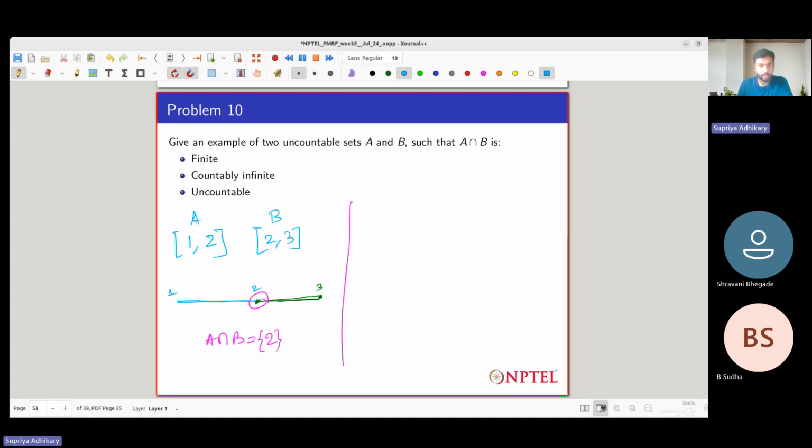The second one is where the intersection is countably infinite. We can take A to be Z union the open interval (2, 3), and B to be Z union the open interval (3, 4).